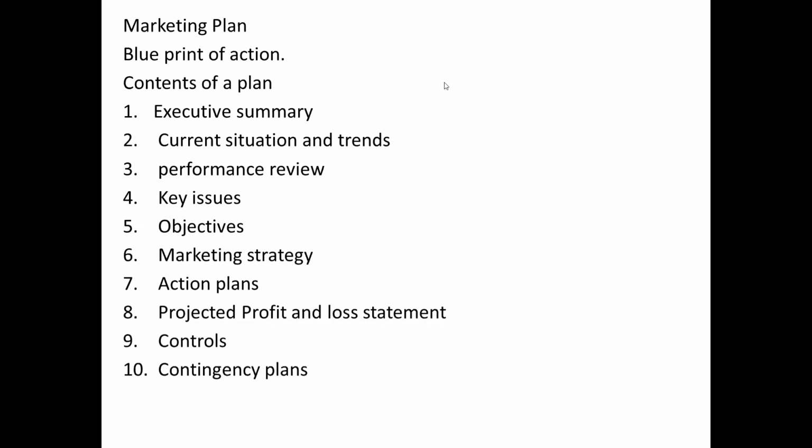So exactly how through this marketing mix programs one is going to achieve the objectives, that is considered in action programs or action plans. Projected profit and loss statement.